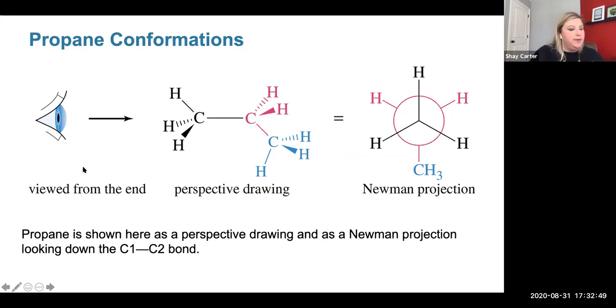Now, let's think about propane. Let me grab another card. Break up my cyclohexane that I built.